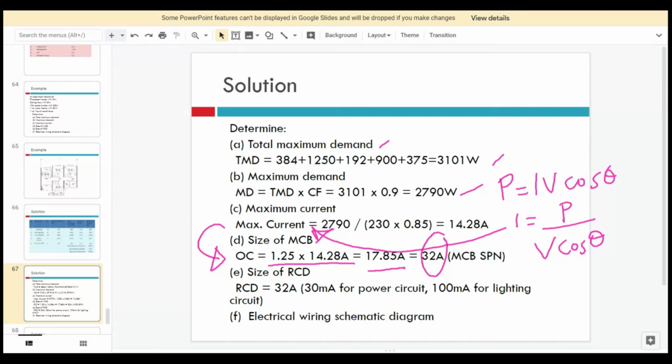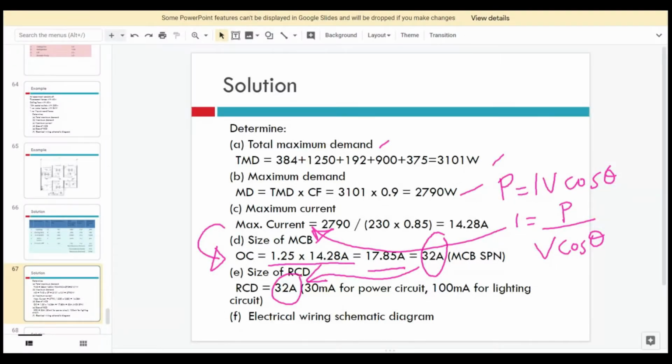And then for the RCD, as I mentioned before, the RCD must be equivalent or larger than the MCB. So you can directly choose 32 amps also for the RCD or RCCB.